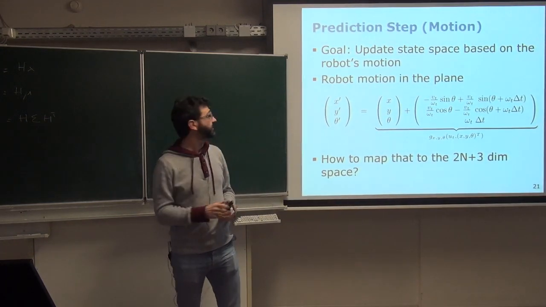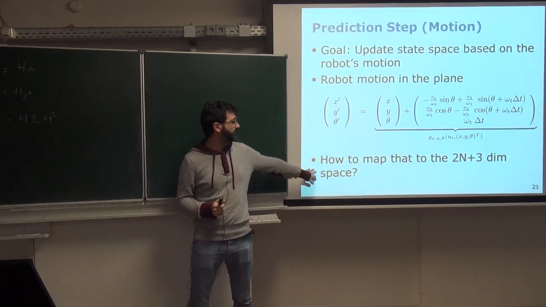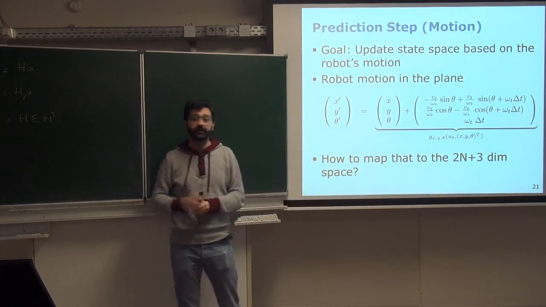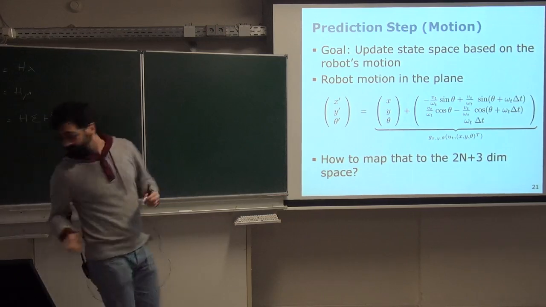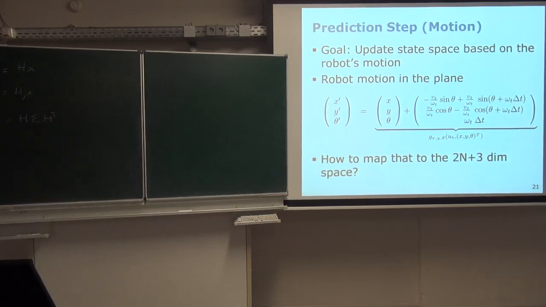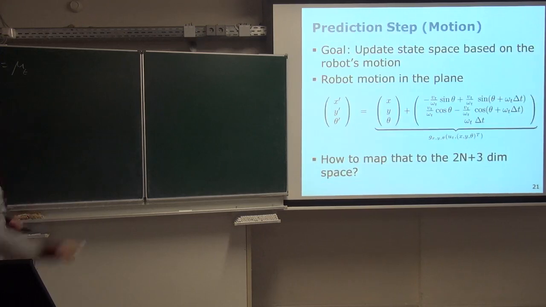So the question now is how we can map this one to the higher dimensional space. Because we have, as you have seen before, something like mu bar equal to mu at t minus 1, okay.